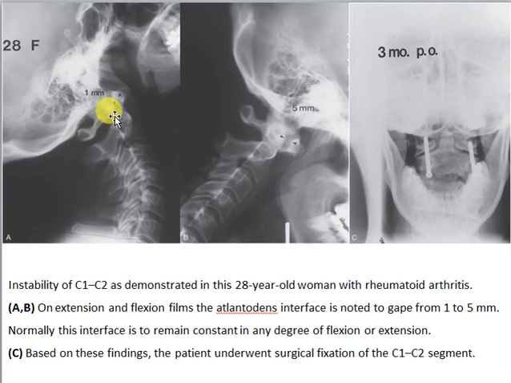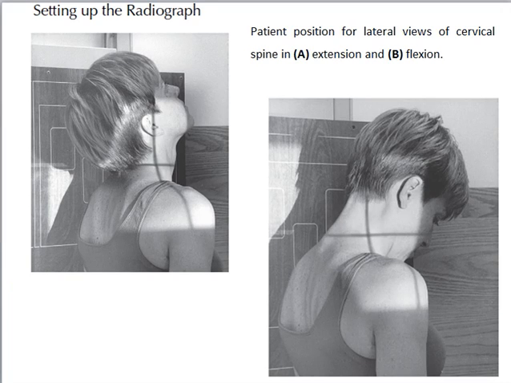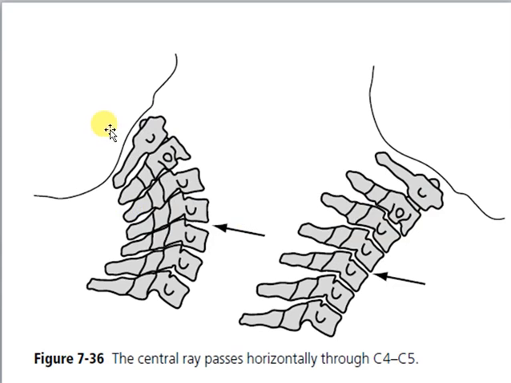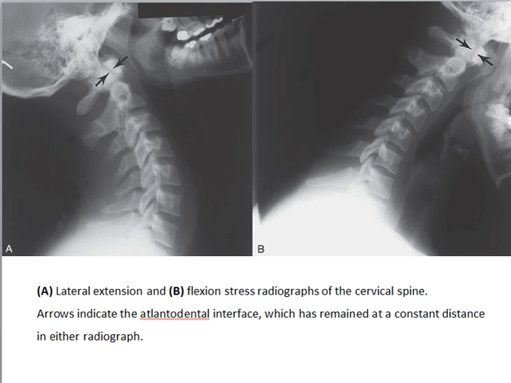In extension, the gap has been reduced to 1 millimeter, but in flexion, this gap has increased to 5 millimeters. This gap normally remains stationary, but with flexion it has increased, so we call it instability. This is how the radiographs are set, and this is the orientation in the extension and the flexion view.